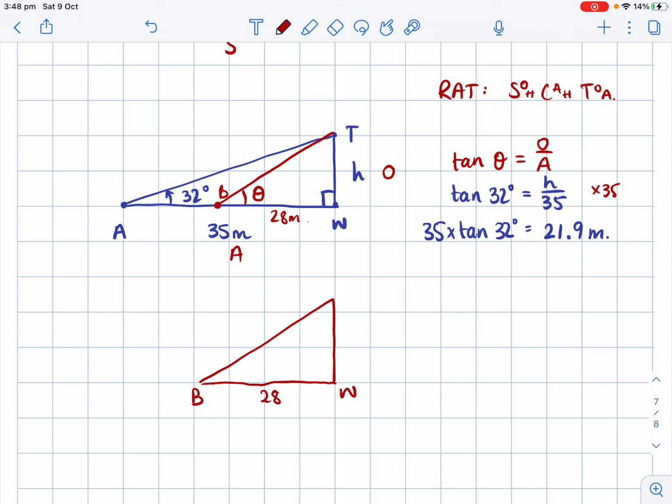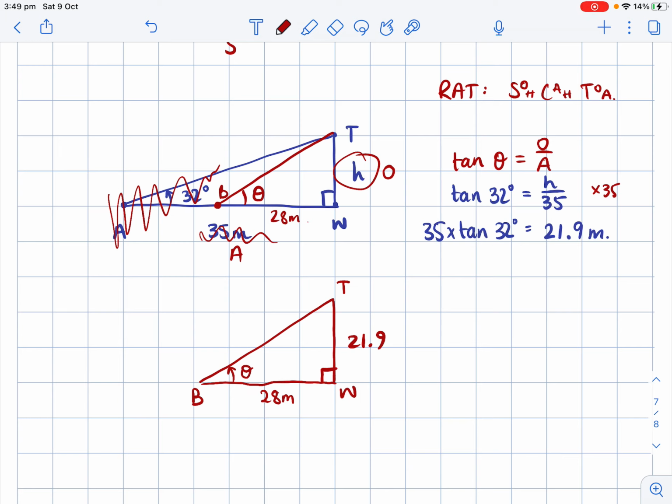Here's B, here's the waterfall, that's 28 metres. I want to find this angle of elevation, and that's the top of the waterfall. And I actually don't need any of this stuff over here because I know what the height is now. It's 21.9 metres. So we've created a right angle triangle that we can actually work through to solve this problem.